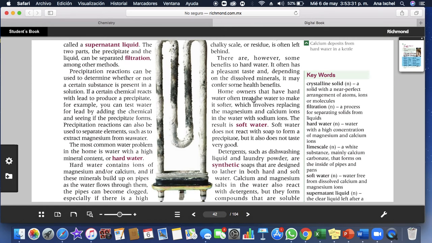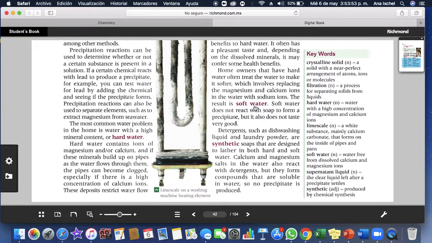There are, however, some benefits to hard water. It often has a pleasant taste, and depending on the dissolved minerals, it may confer some health benefits.